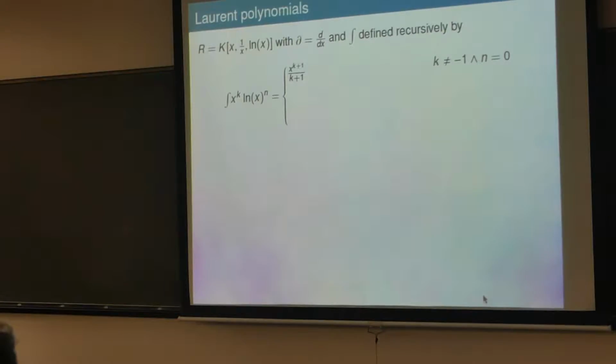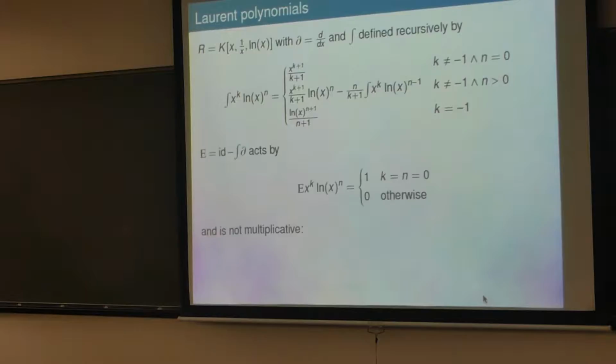It's not closed under integration, but if we add the logarithm, then we have a differential algebra with the usual derivation, and we can define an integral recursively. On the polynomials we just integrate as usual. And on the rest, we can define integration by the integration by parts formula recursively.